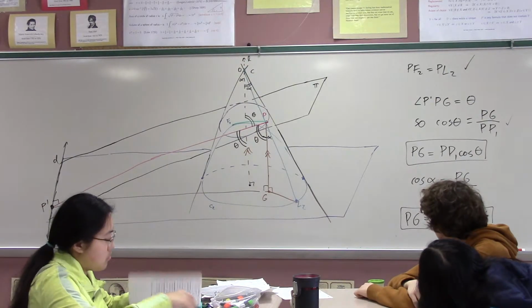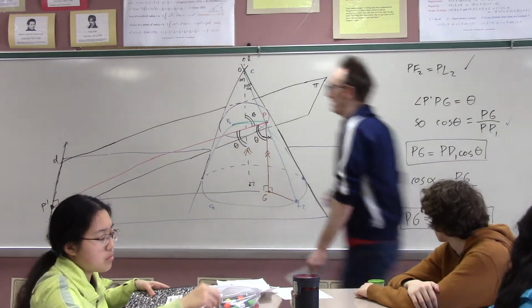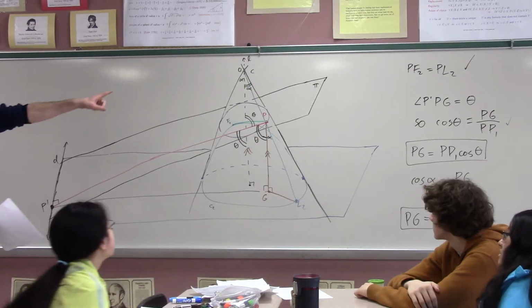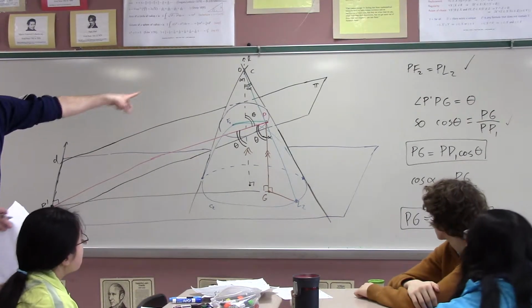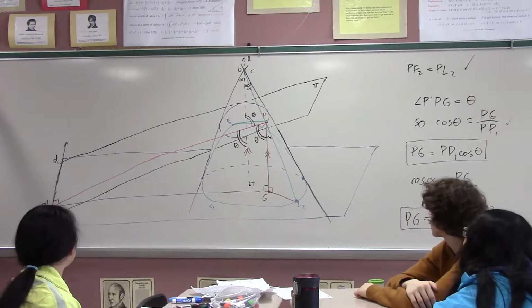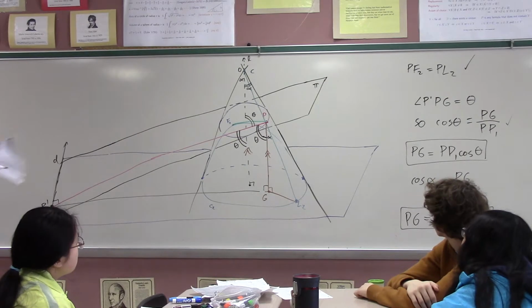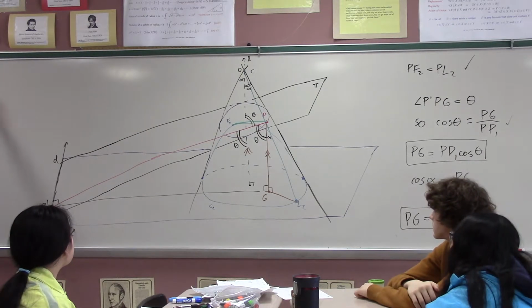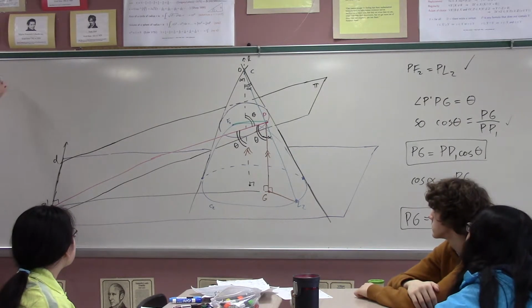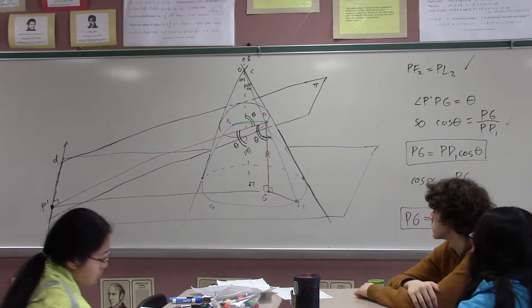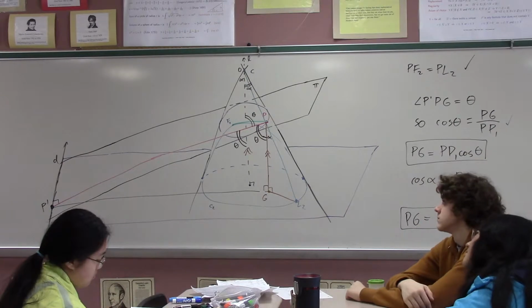I shall now prove that this is an ellipse. Here is the proof. What do I need to show? That the ratio between the distance from an arbitrary point P on the ellipse to the focus, PF2, over the distance from that arbitrary point to the directrix, PP prime, is constant. What is PF2?